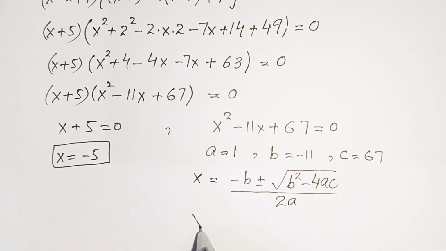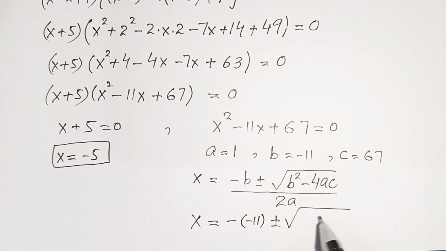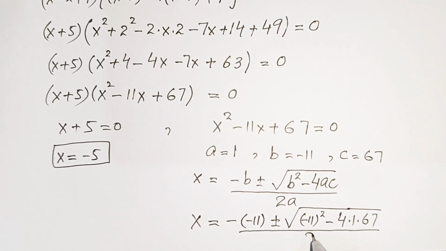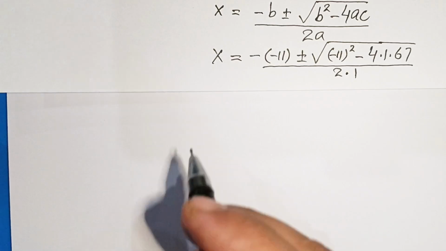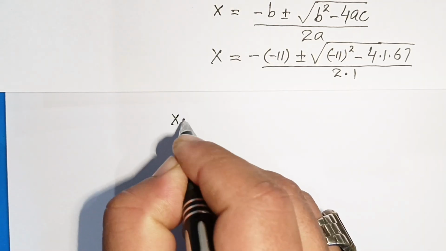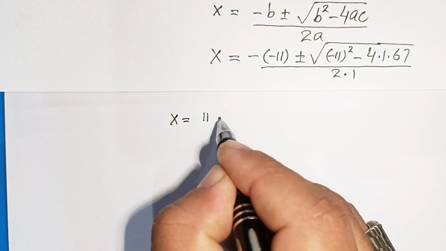Now putting values, we get x is equal to minus times minus 11 plus minus square root of (minus 11) squared minus 4 times 1 times 67, all over 2 times 1.